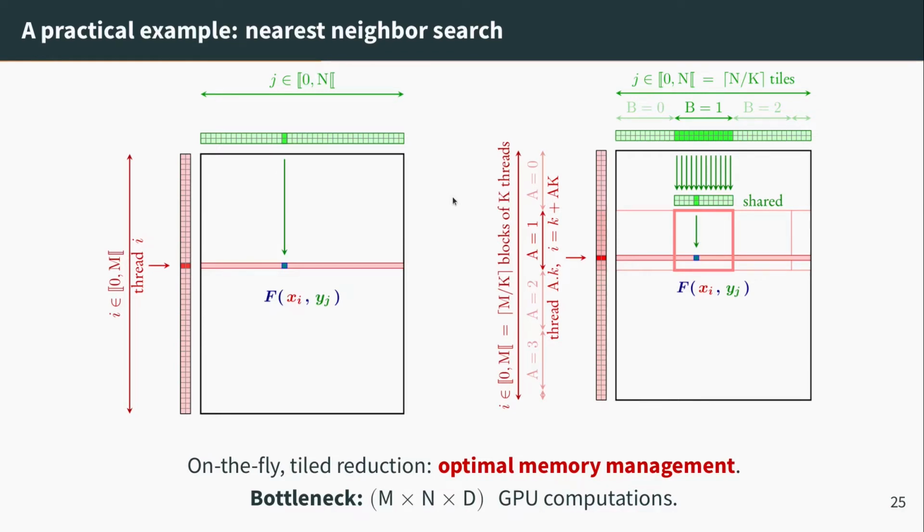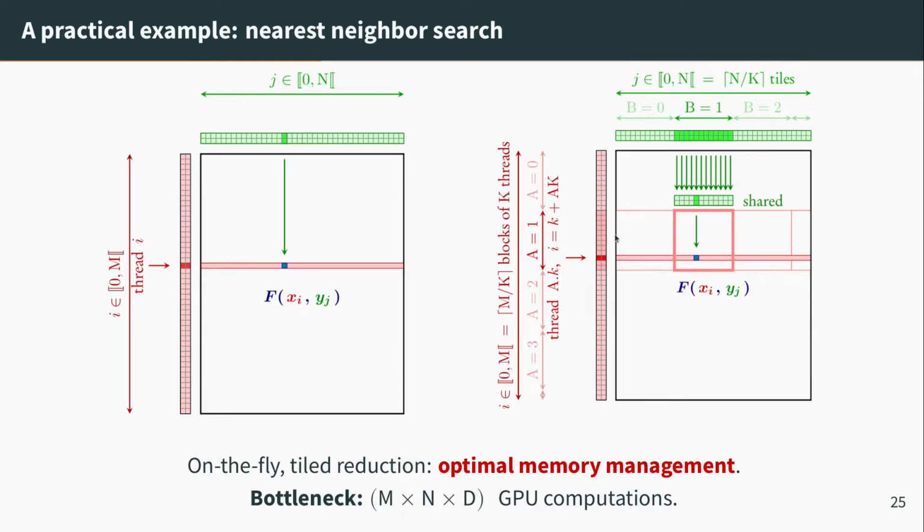But then you can be clever and use shared memory, because you remember that our cores are organized in blocks. So we can group the threads together. And then the idea is that we are going to give as homework to all the threads in a single block: we ask them to work on contiguous slices of the array xi.